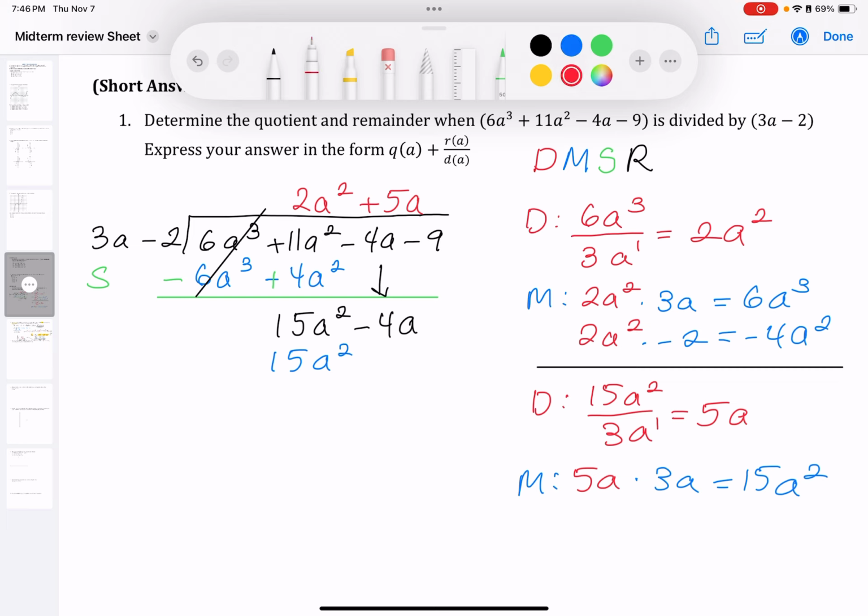And then we have 5a times -2. 5 times -2 is -10. So 5a times -2 is going to be -10a.